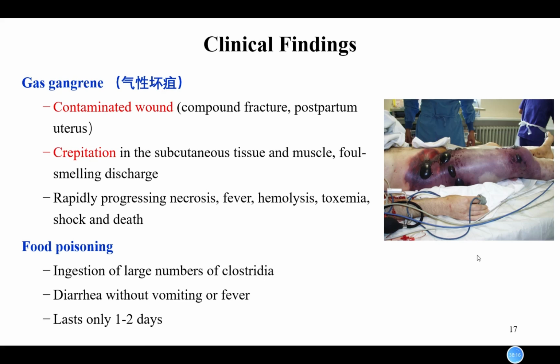Like this person, he had a traffic accident, and from the accident site, the person got infected, and the perfringens caused infection underneath the skin, and you can see the large area of necrosis of the tissue, and also the bacteria produce a large amount of gas, forming a bubble on the skin. So that's why we call it gas gangrene.